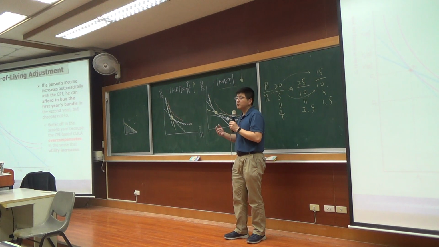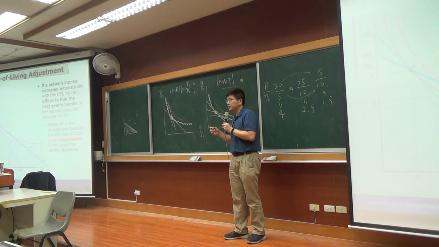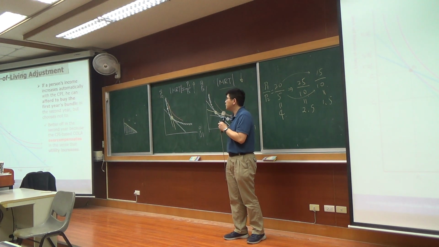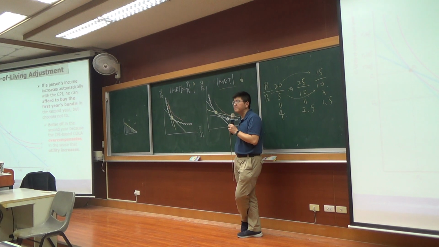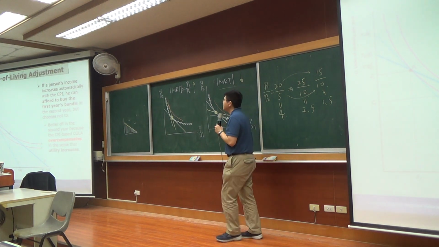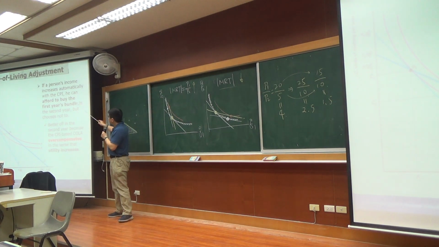And today or tomorrow, I may compensate you so that you can afford to buy the same bundle. So the consumption bundle is something we may observe practically, and practically we just use this as the standard to compensate.